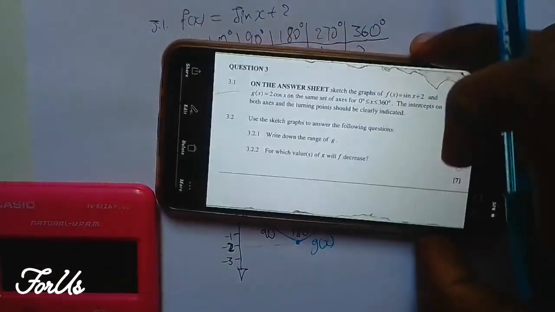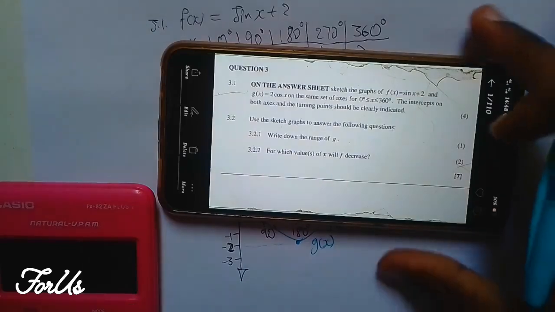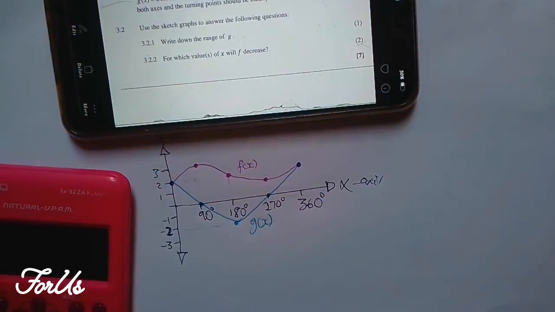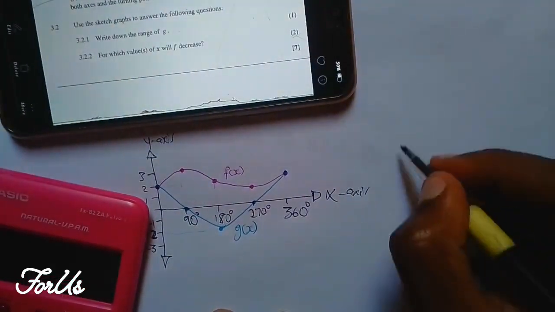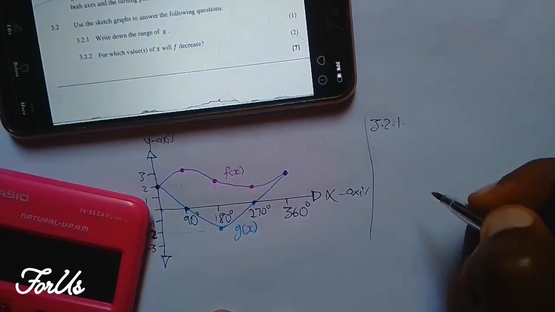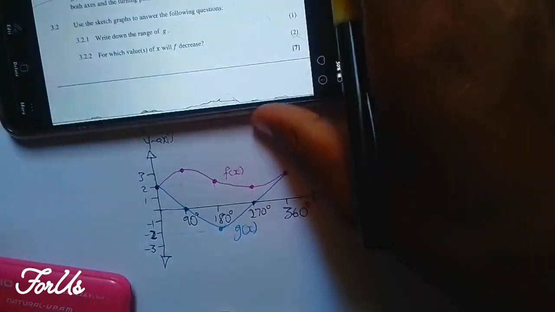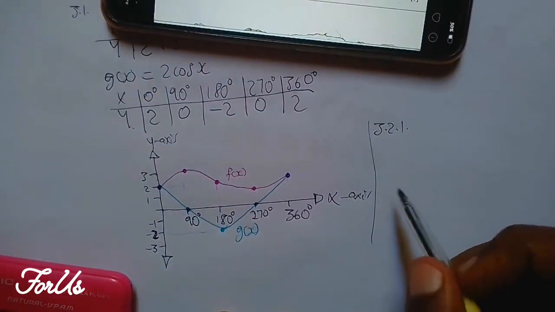Now let's see. 3.2 says use the graphs to answer the following questions. We have 3.2.1. Let's just put it right here, 3.2.1. They want us to write the range of g.